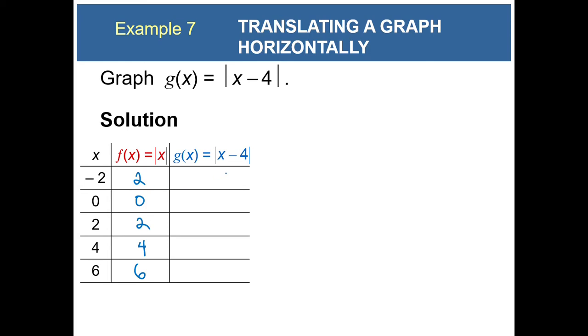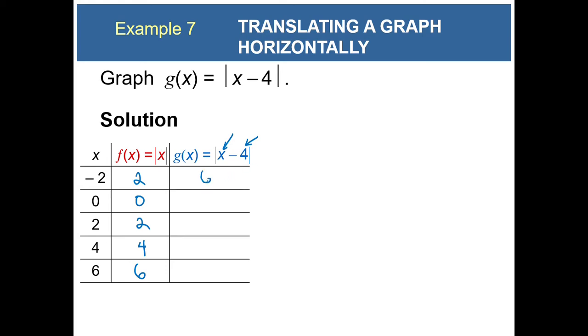Now, for the absolute value of x minus 4, I'm going to plug in the 2 into x and then subtract 4 and evaluate the absolute value. For g of x, we are going to plug in our values of x, then subtract 4 from it, then take the absolute value. So let's try it out. Negative 2 minus 4 is negative 6.